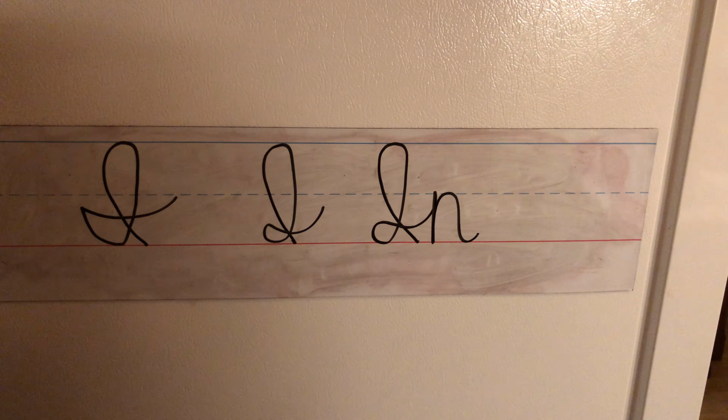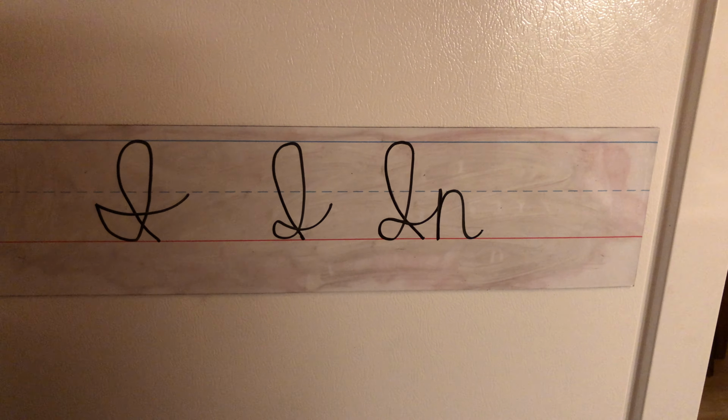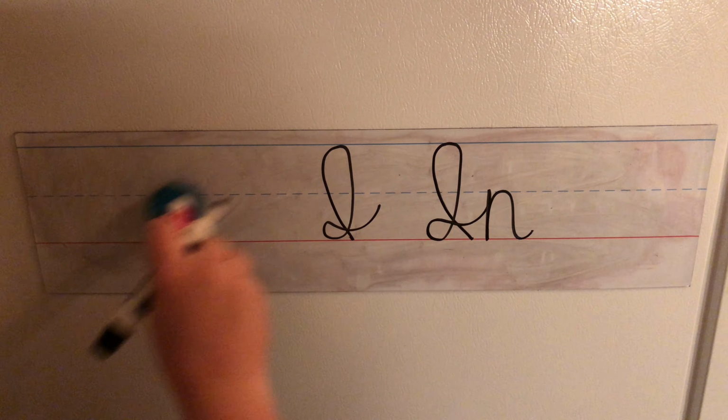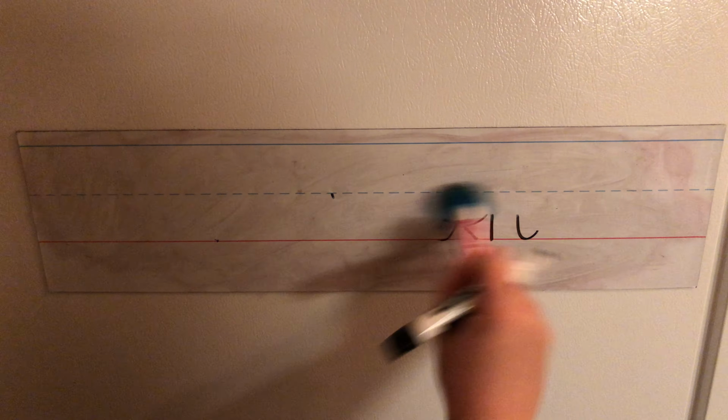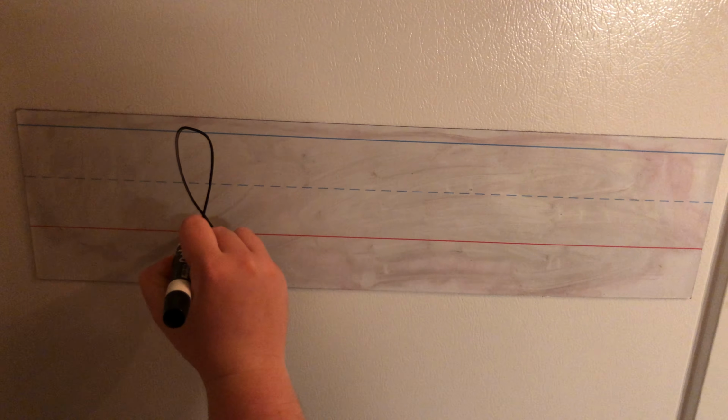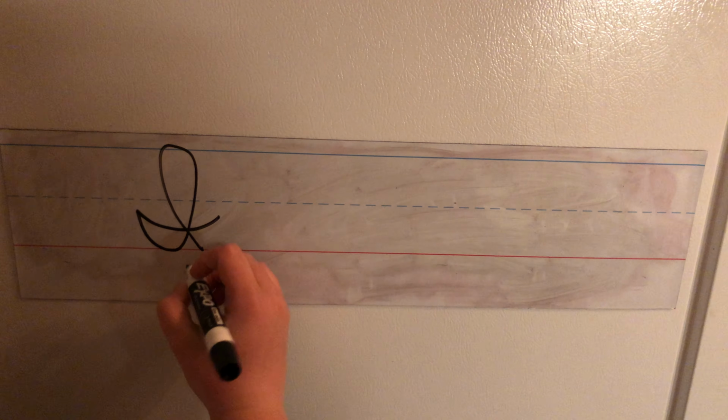So that would be the word in. Definitely doesn't look like a regular I, but I'm going to get a better example up here for you. Start at the red bass line, go up, around, and over. That is an I.